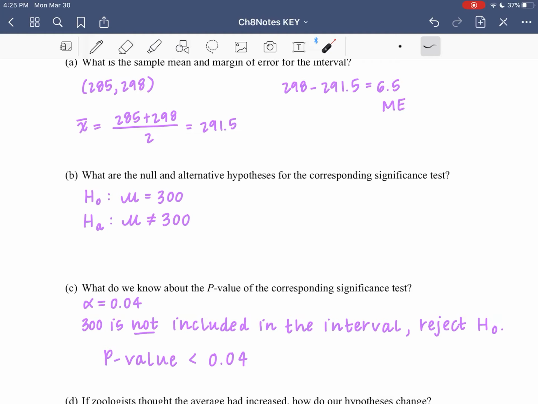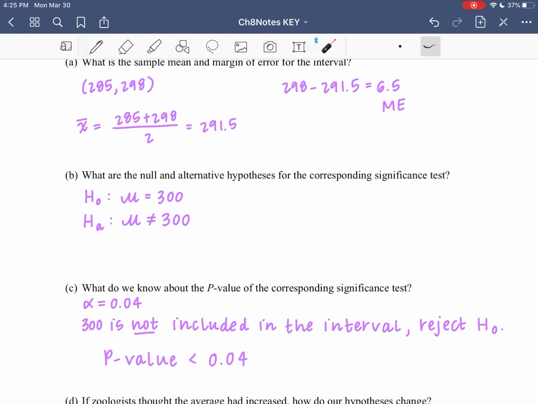If 300 is not a plausible value, we would be rejecting our null hypothesis. Again, going back to hypothesis testing, we would only reject our null hypothesis if we had a small p-value. Small for this case would have to mean that our p-value is smaller than our alpha level.